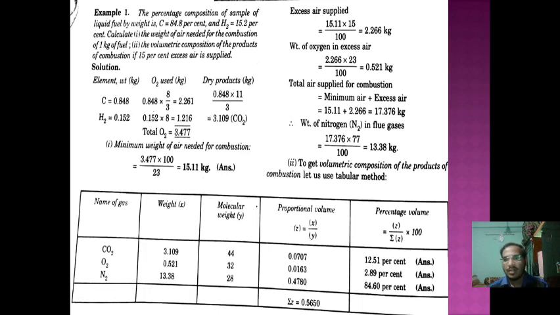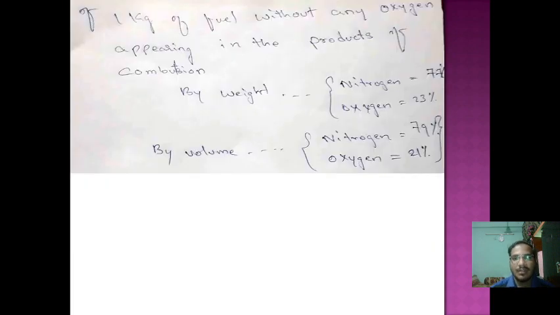The weight of nitrogen we have to know, because there is nitrogen in the air with this fuel. We are calculating the weight of nitrogen. The nitrogen percentage is 77 if we are calculating weight; if we are calculating nitrogen volume, we use 79.